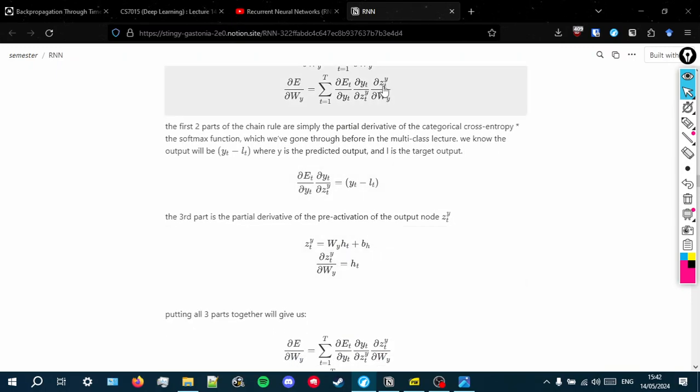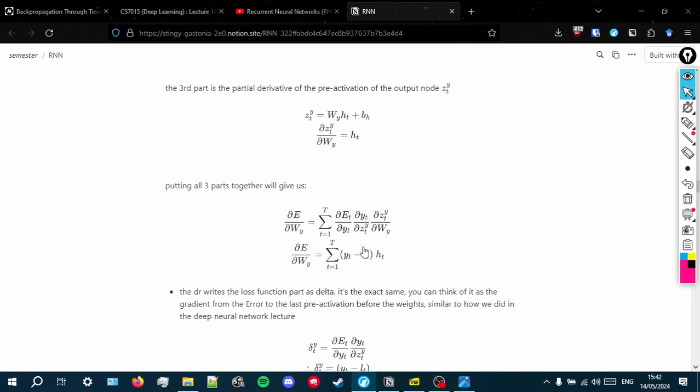And then the last part, Z of Y over WY, is just going to be the partial derivative of Z of Y with respect to WY, so it will just be H of T, and then the bias is just 0. So putting all those parts together, we have this simple equation that we've already seen before. It's very similar to the partial derivative of the outputs to the weights in the other lectures.